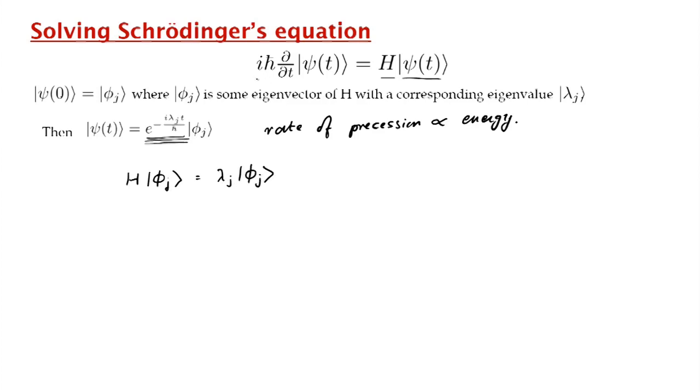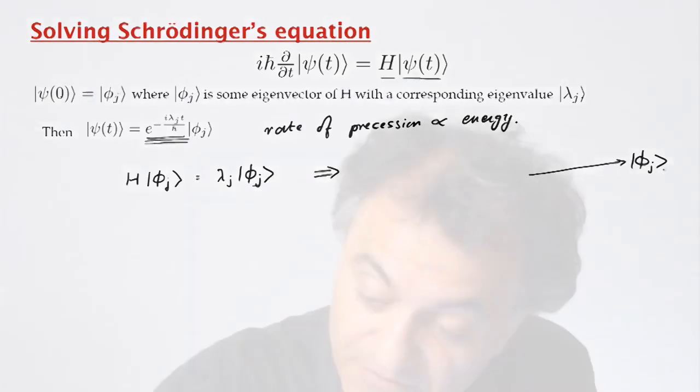And so what Schrödinger's equation is telling us is that the rate of change of the state is proportional to phi j itself. So if at time t the state is pointing in the direction of phi sub j, then also the change in the state is pointing in the direction of phi sub j.